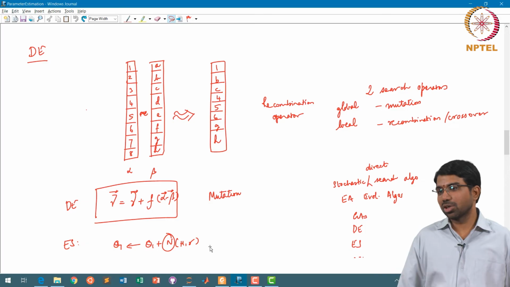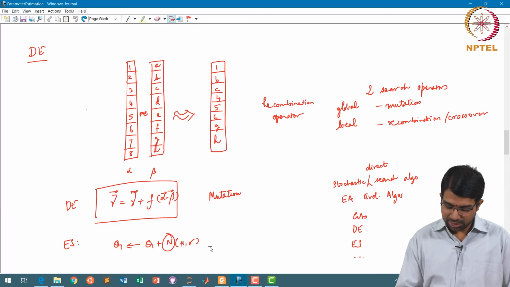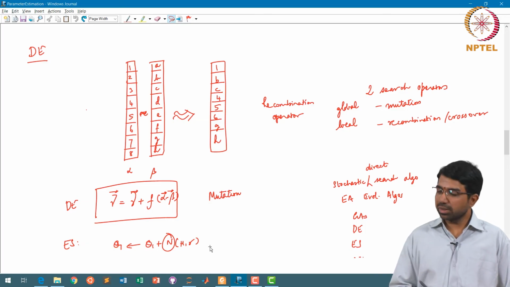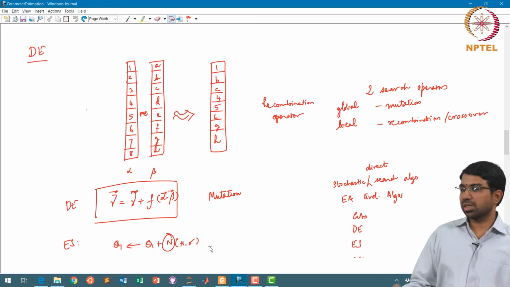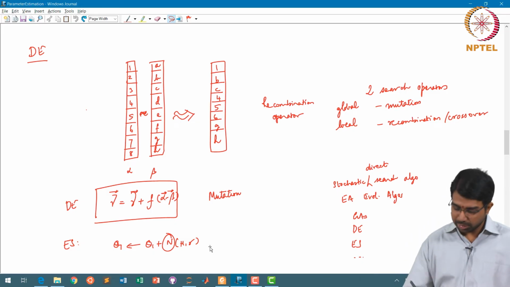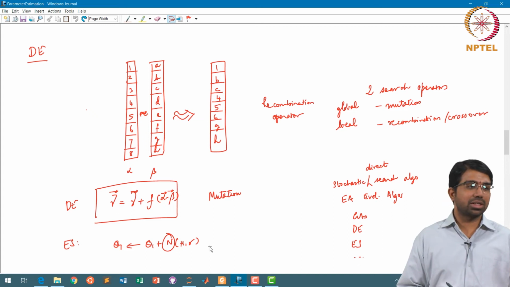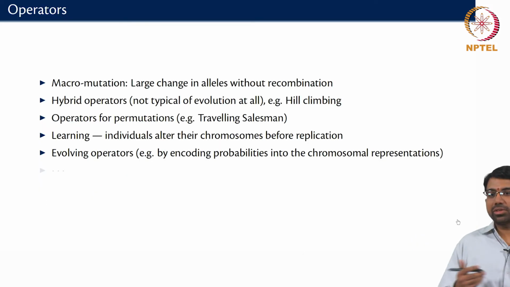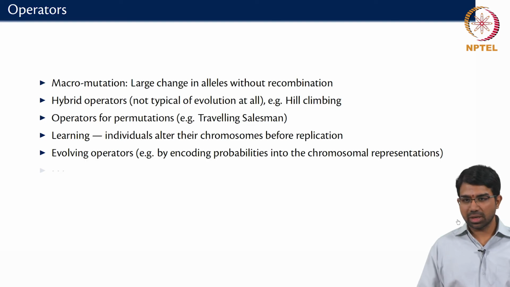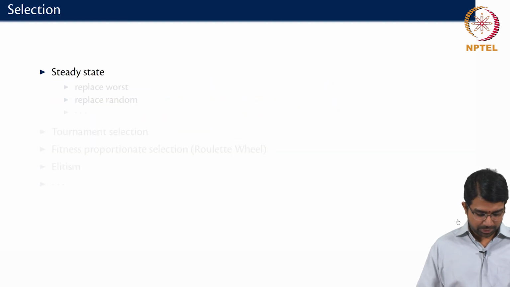It is already a search operator. This is actually a very simple search operator, and evolution strategies use such simplistic search operators, but you can draw it from any interesting distribution, not necessarily just normal. So you can have different kinds of operators as well, right.